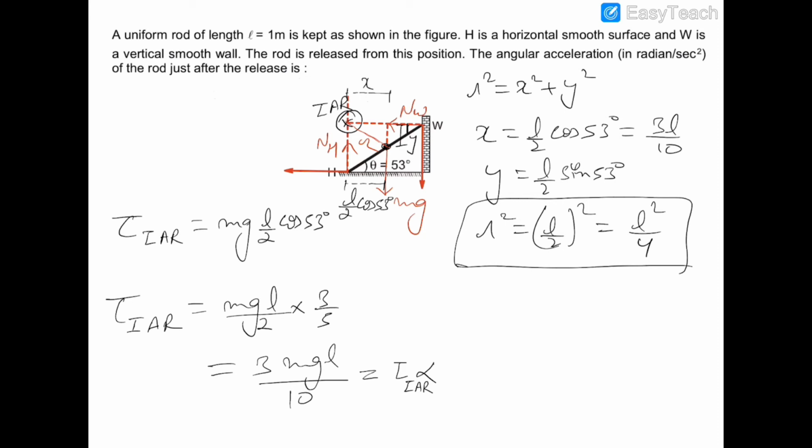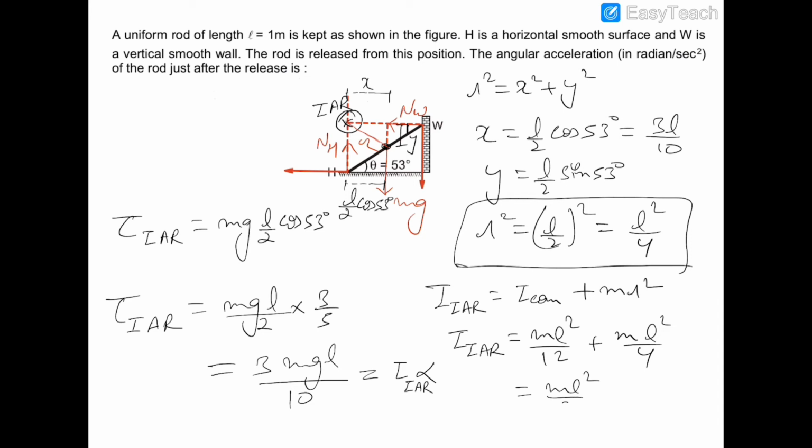Okay, so the moment of inertia about IAR would be equal to ICOM plus MR square, and I about IAR would be ICOM, which is ML square by 12, plus ML square by 4. So it is ML square by 3.